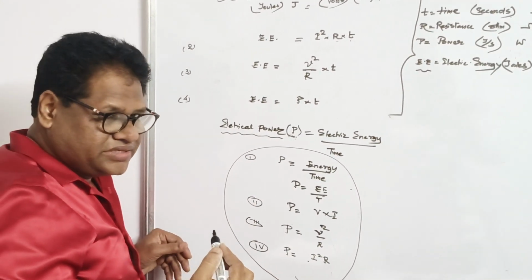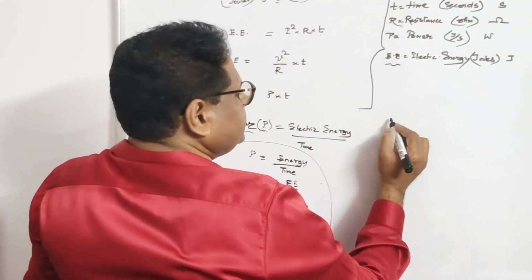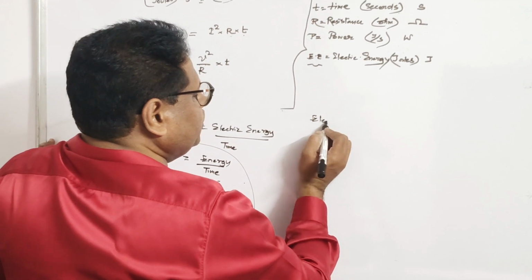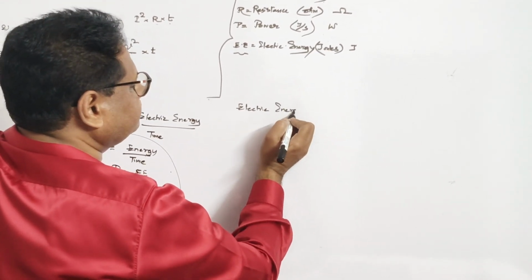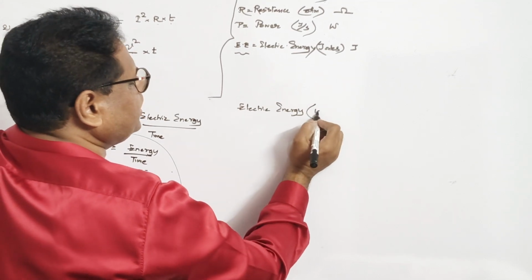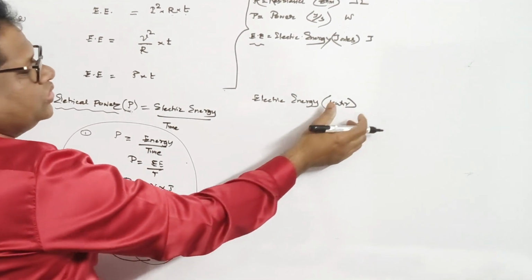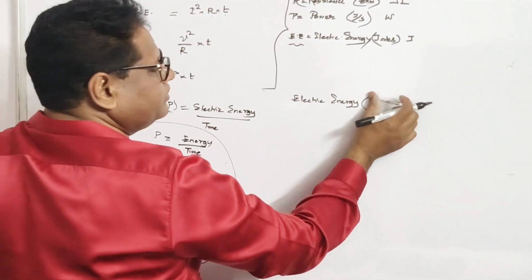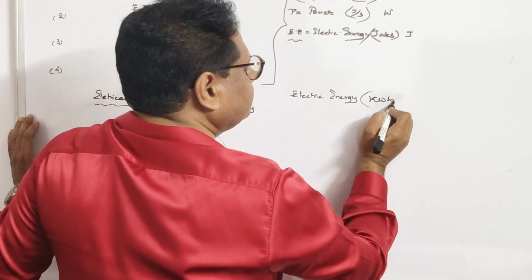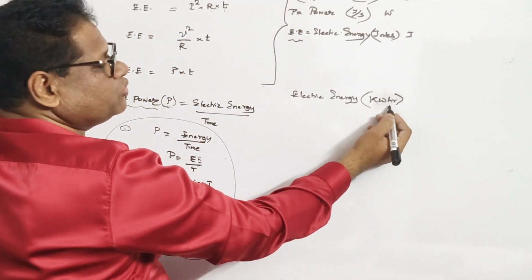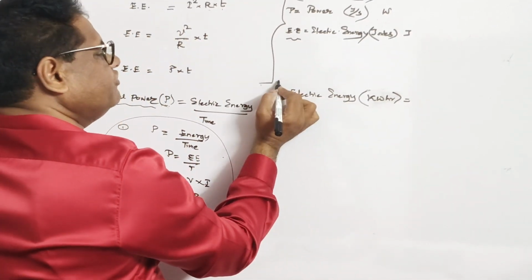Why am I discussing this? Suppose in case of bill calculation, this is the expression we use for electric energy in kilowatt hour. See, there's a difference in these two when we are using kilowatt hour. Automatically the time has to be in hours. So for that we have the fifth expression.